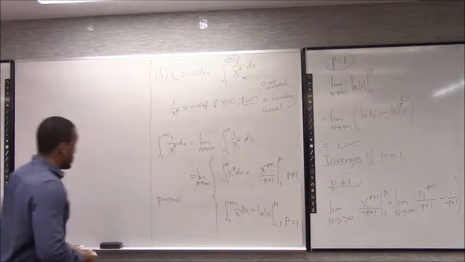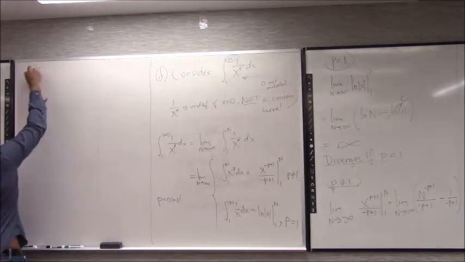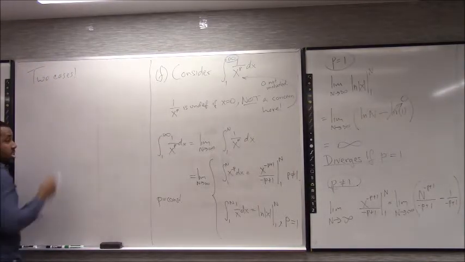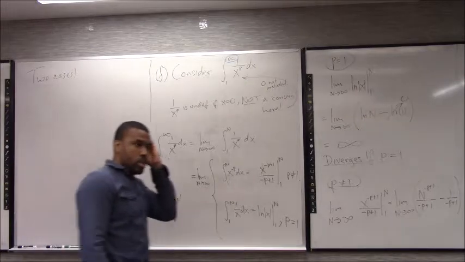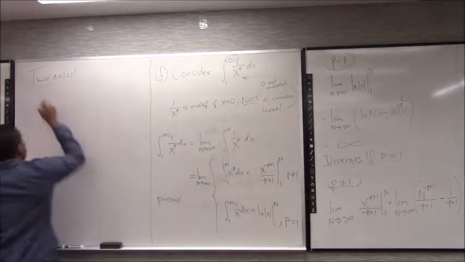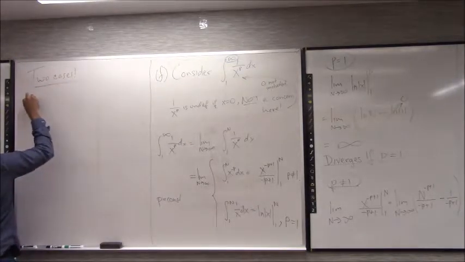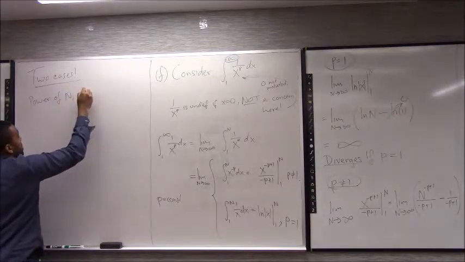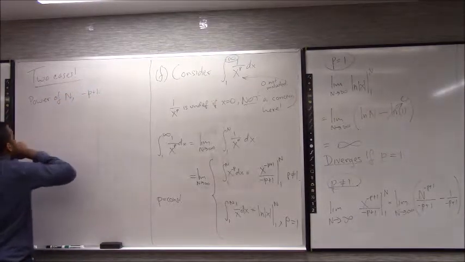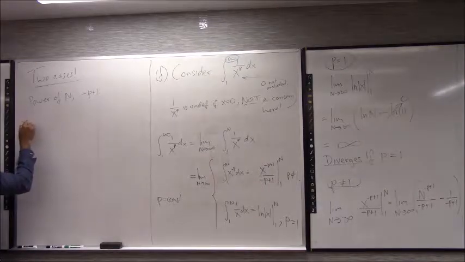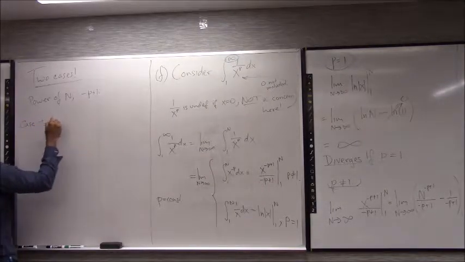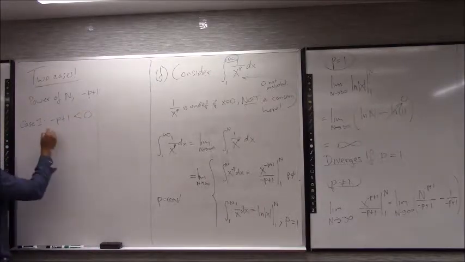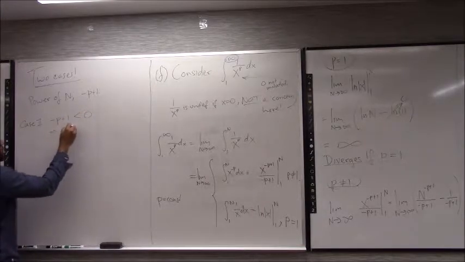So now, again, we have two cases. As you pointed out, if the power is negative, we don't actually have an issue. We look at the power of n. This is minus p plus 1. So we have case 1, where this is negative, in which case that means that our p is bigger than 1.